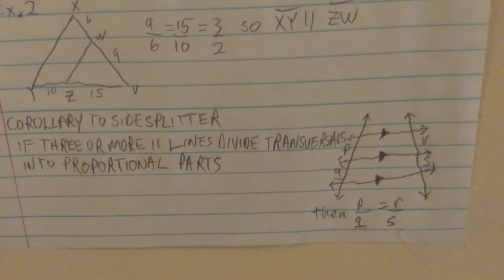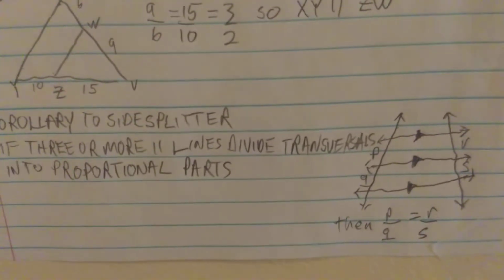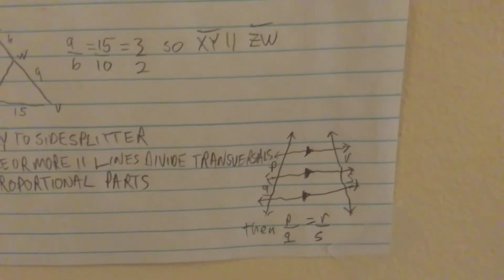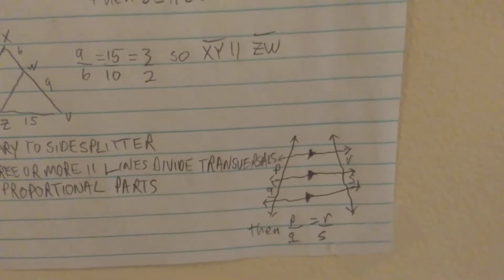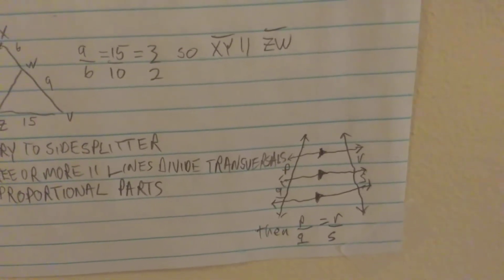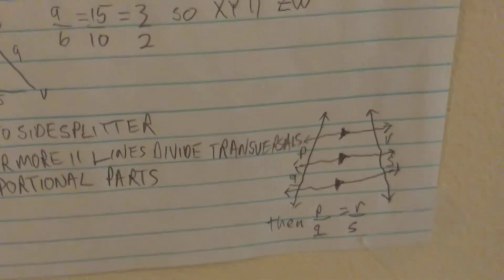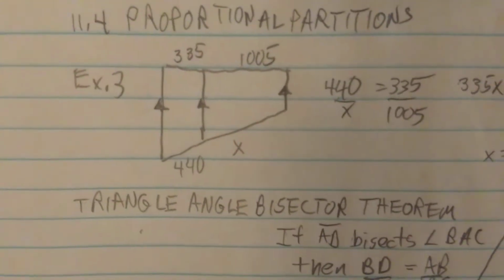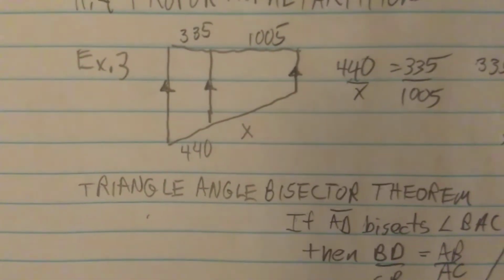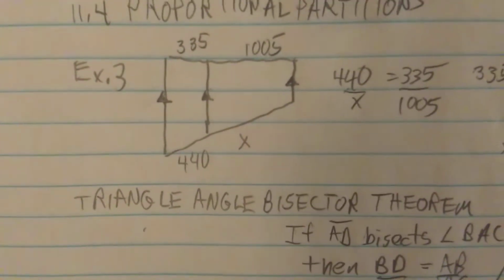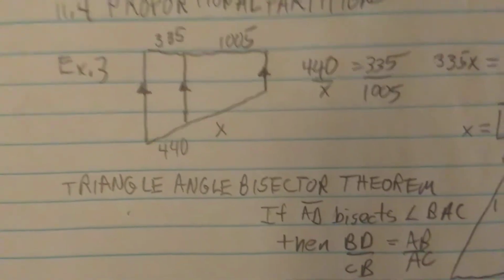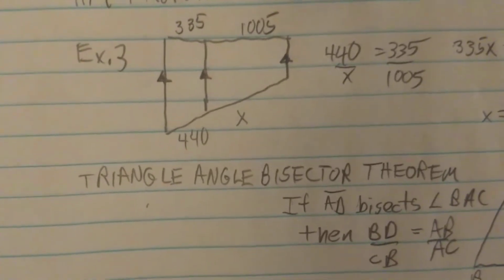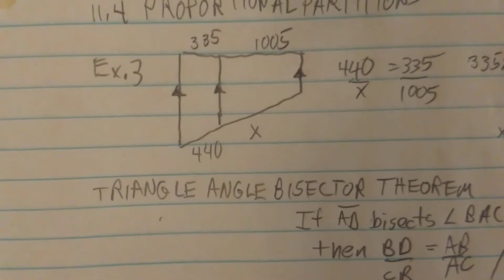Now the corollary to the side splitter: if 3 or more parallel lines divide transversals into proportional parts as shown over here, then on the left side P over Q is proportional to R over S. Now for example 3, we have the trapezoid turned on its side with the top part of 335 for the left and then the right part 1005, and the corresponding bottom left part is 440 over x, the corresponding right part.